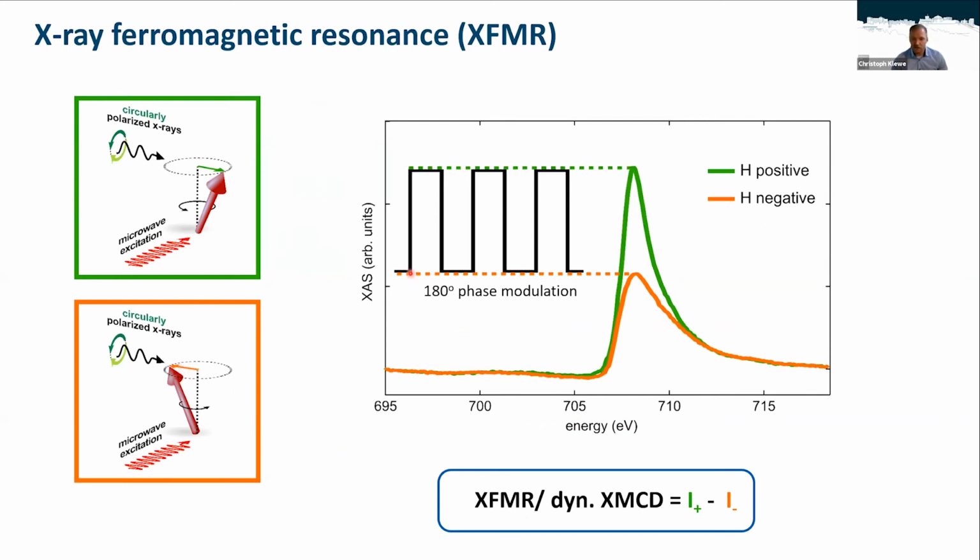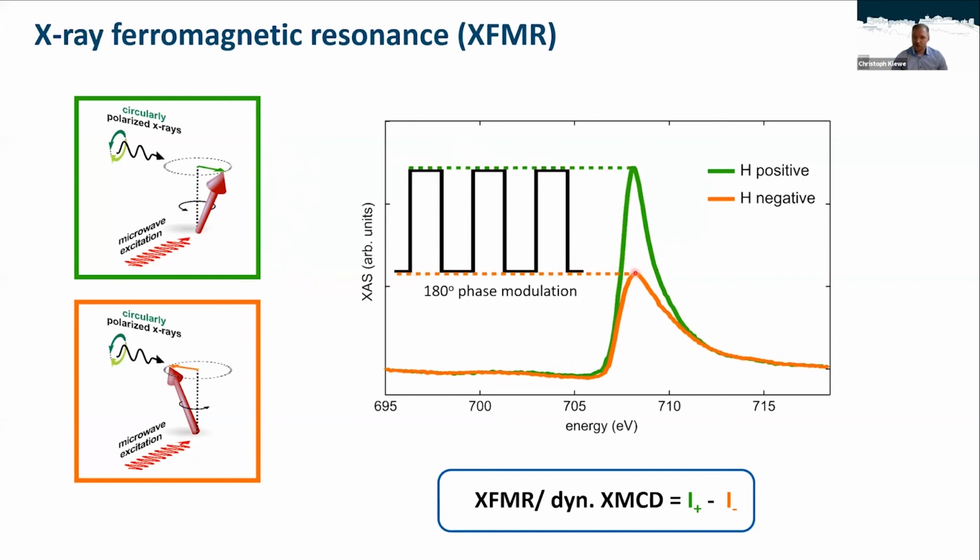And that is achieved by modulating the phase of the initial microwave excitation. And we can understand why we then get this magnetic information if we compare this to the X-ray absorption spectra, and we compare the two different states to two different absorption spectra.